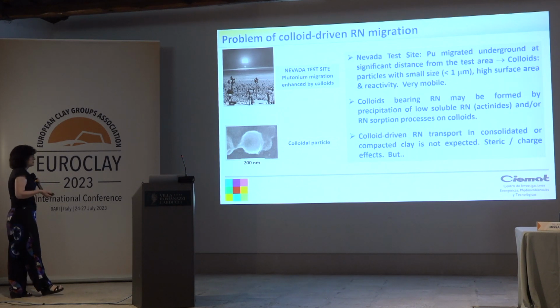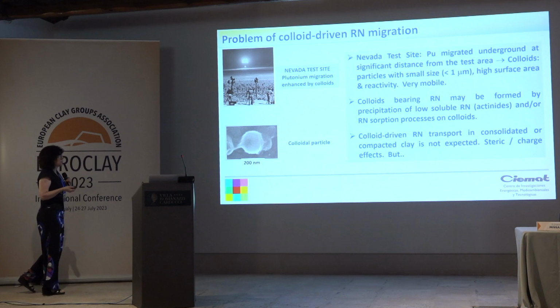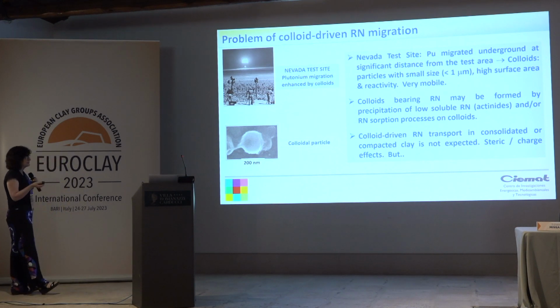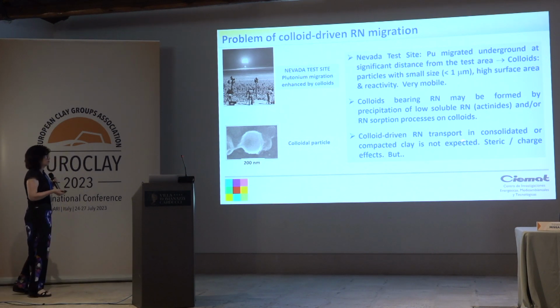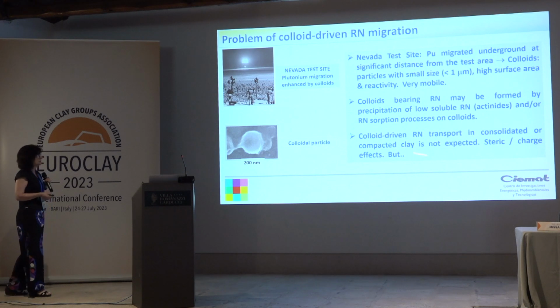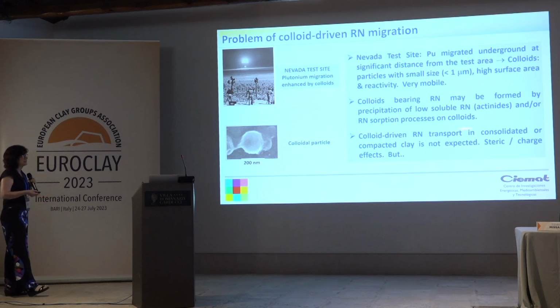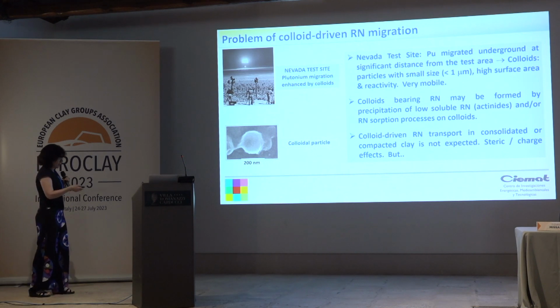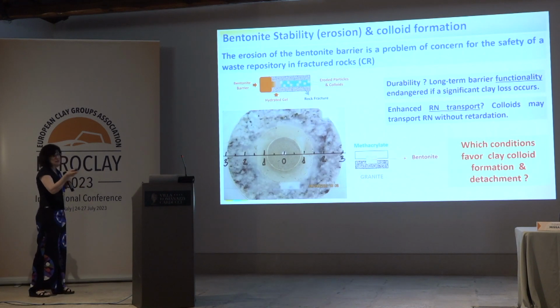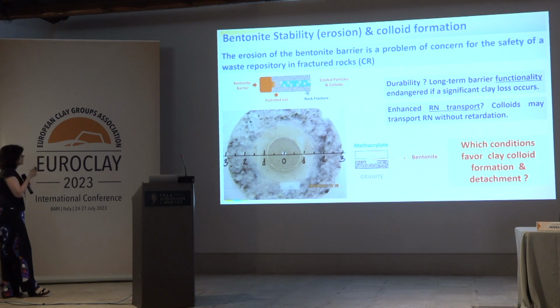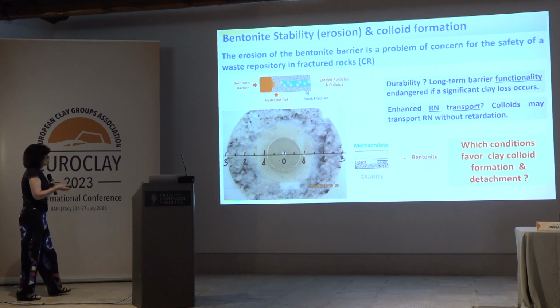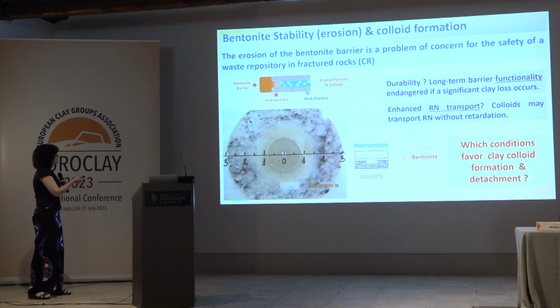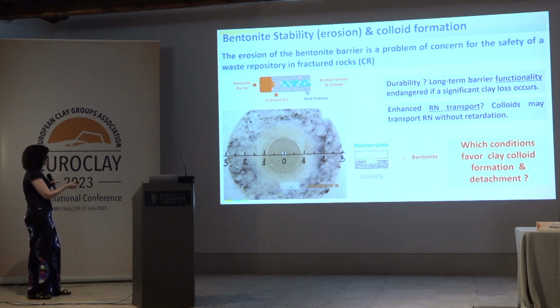If we consider consolidated or compacted clay, colloid-driven transport is not expected within it because we have charge effects and also steric effects due to the porosity of the clays. But, as Reinhard mentioned before, we also have the case of crystalline rock, which has fractures, so the water can reach the surface of the bentonite.